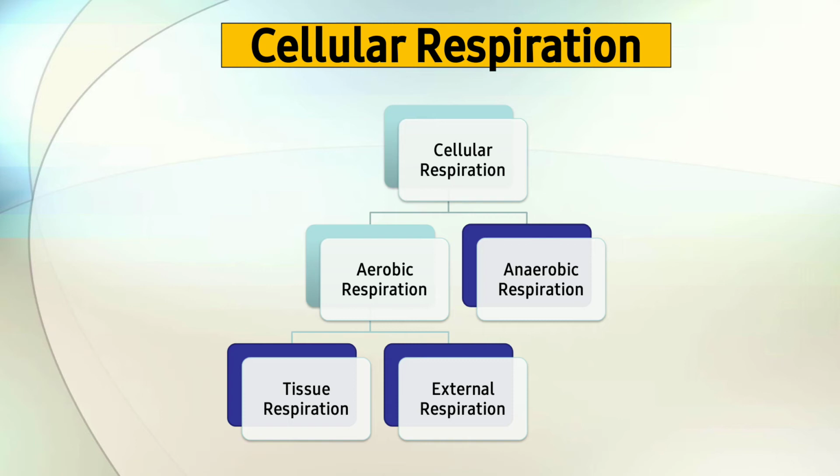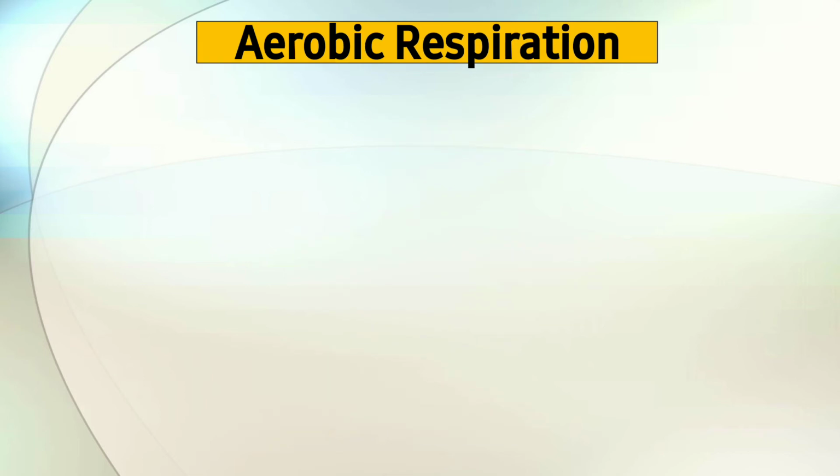Anaerobic respiration takes place in prokaryotes or single-cell animals and also plants. Then aerobic respiration is again divided into two types: tissue respiration and external respiration. We are focusing only on aerobic respiration.